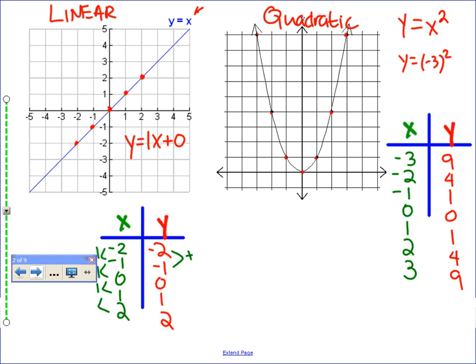So I'm adding 1, and I'm adding 1, and I'm adding 1, and I'm adding 1. See if you can figure out what the differences are in the x values and the y values on your chart. Maybe you can look at it and come up with some kind of pattern. See what you can think about. And we're going to move on.